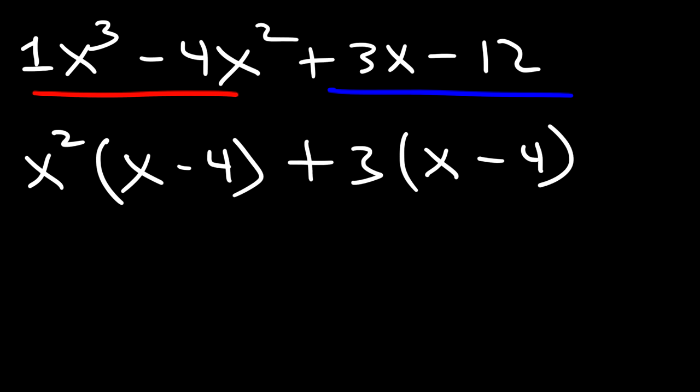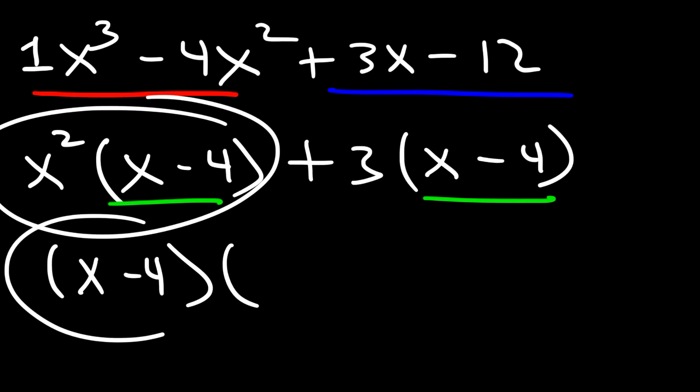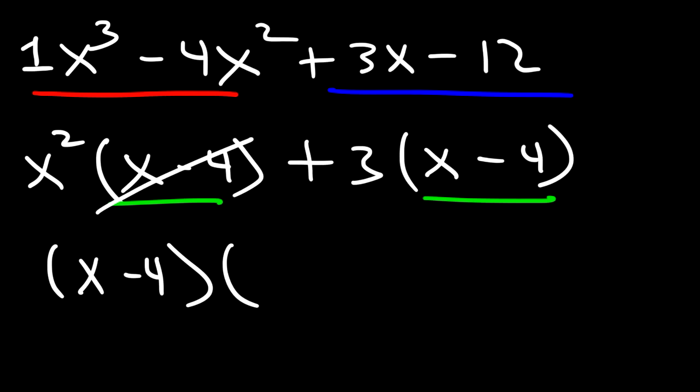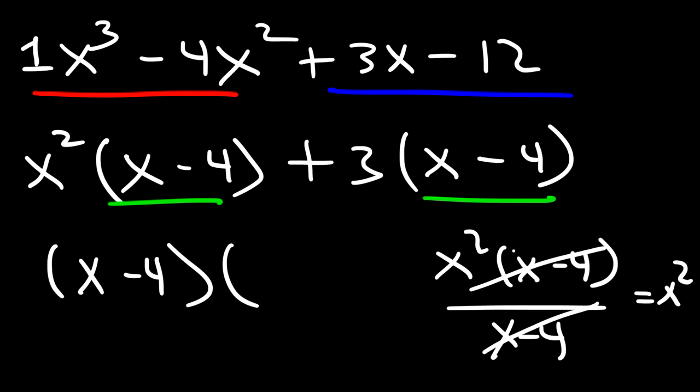Now, whenever you see these two, if they're the same, that means you're on the right track. So the next thing is to factor out x minus 4. So if we take this term and divide it by x minus 4, the x minus 4 terms will cancel, leaving behind x squared. So if you want to write it out, you could see it this way. If you take x squared times x minus 4 and divide it by x minus 4, these will cancel, giving you x squared.